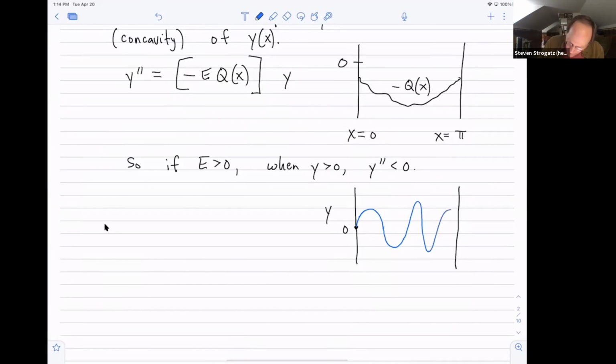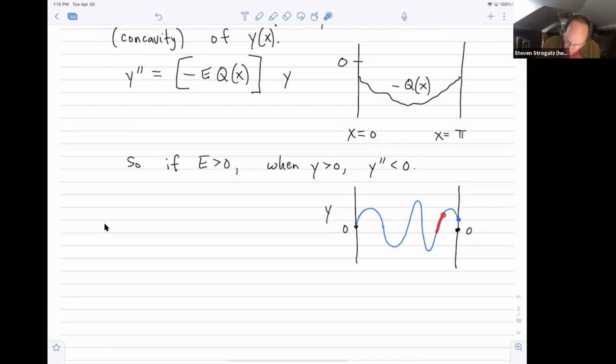And the thing is, as it curves down, by the time it gets to pi it might be at a place different from 0. In other words, it hasn't satisfied the boundary condition on the right side. And that may be because we chose the wrong E, right? This is why I'm saying that there are only certain E's for which you can solve this problem. Like in this case, you can see we didn't really curve enough. If this had just curved a little more, maybe it would have hit 0.